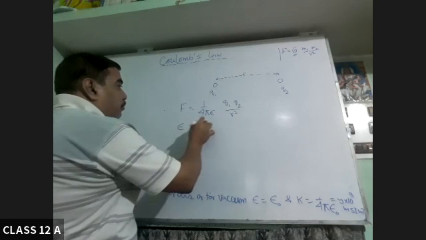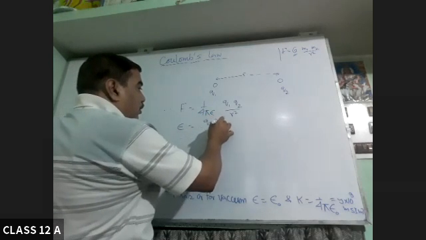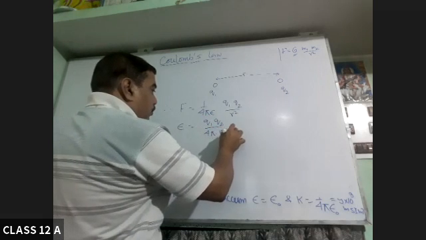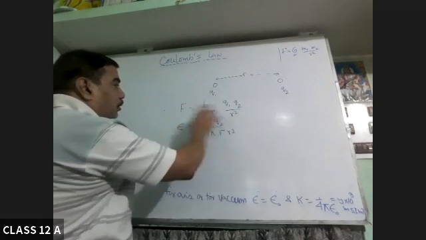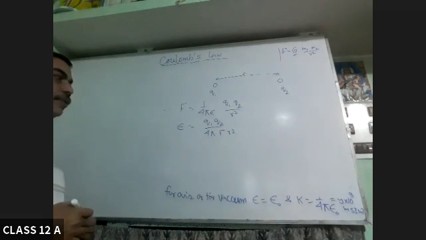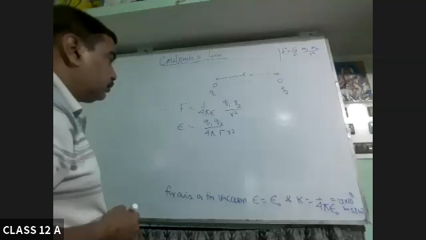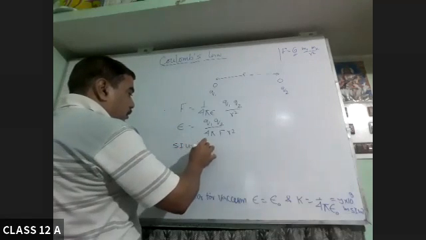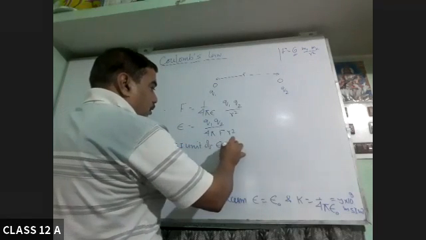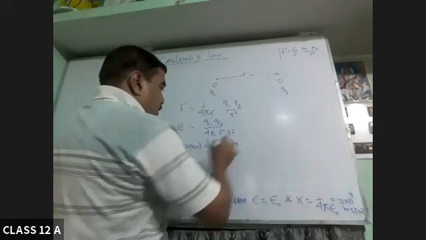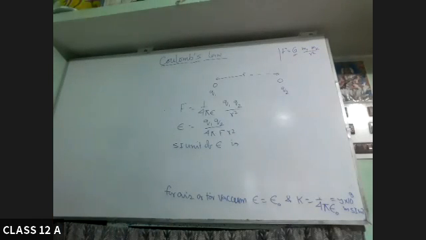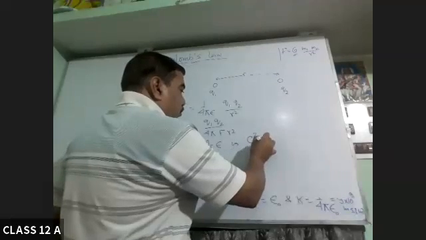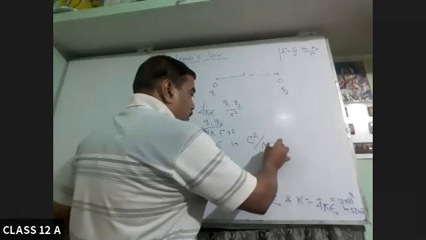So epsilon will be Q1 Q2 over 4 pi F R square. What is the SI unit? This is Coulomb square per Newton meter square.